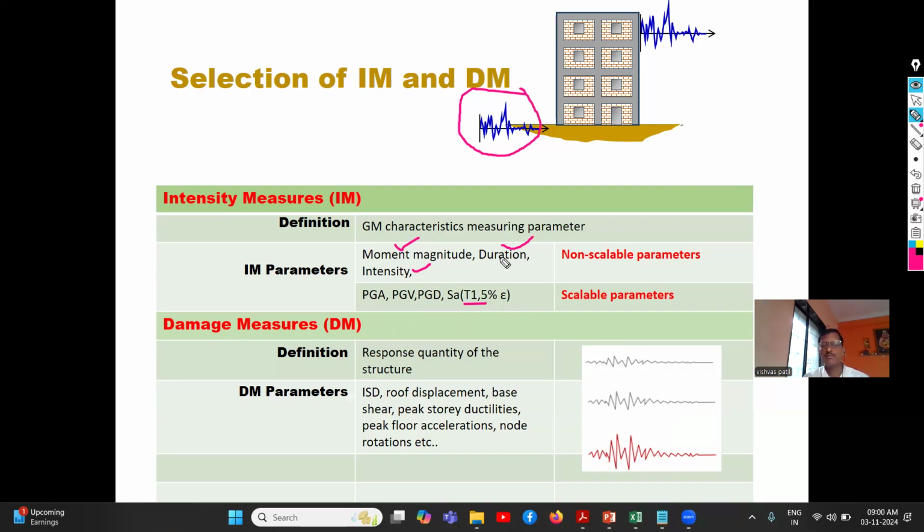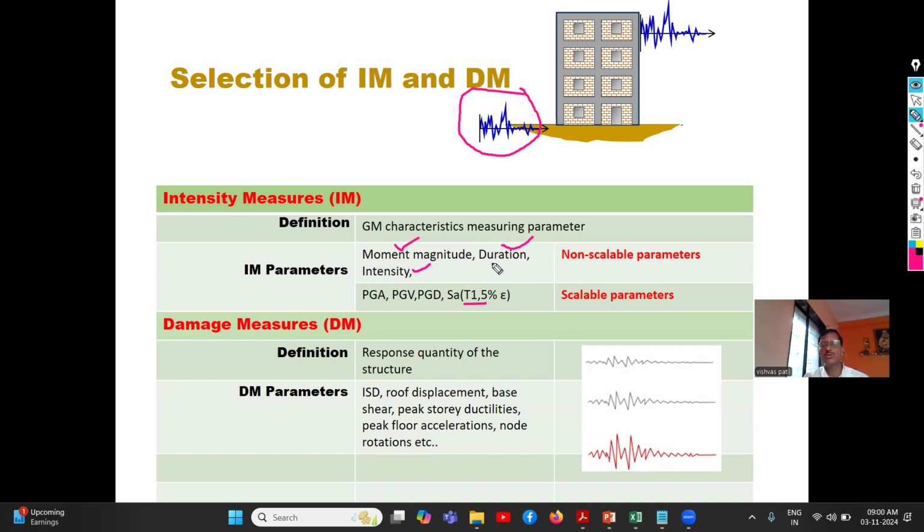All of these parameters describe the characteristics of the ground motion. As far as IDA is concerned, we should select one parameter among all these, and that parameter must be scalable. We can scale it.